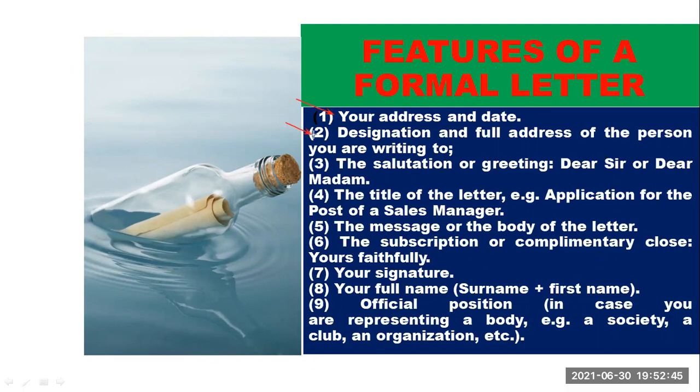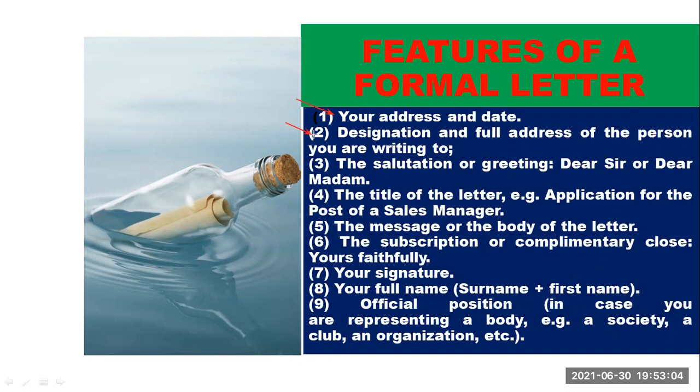are writing to. Because you are writing to somebody who occupies an official position, such as a minister, the official designation is minister. Or if it is the chairman, then you can write the chairman. All right.